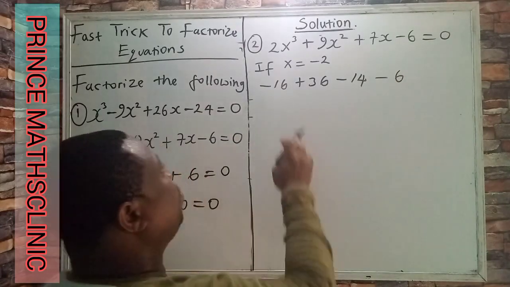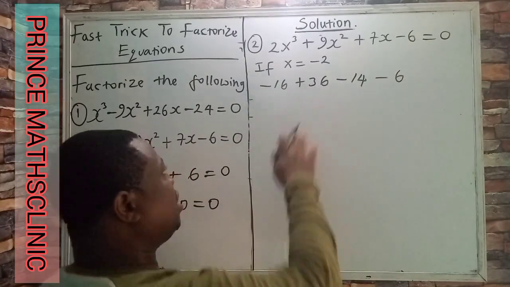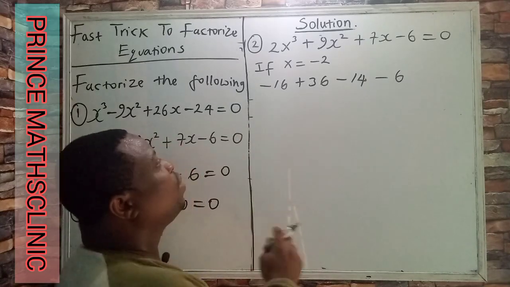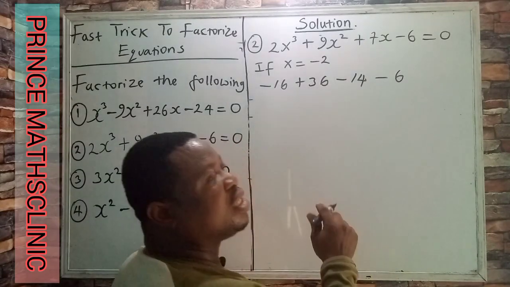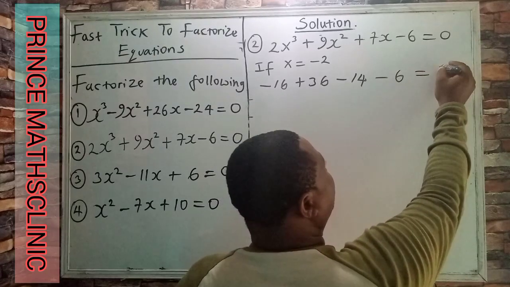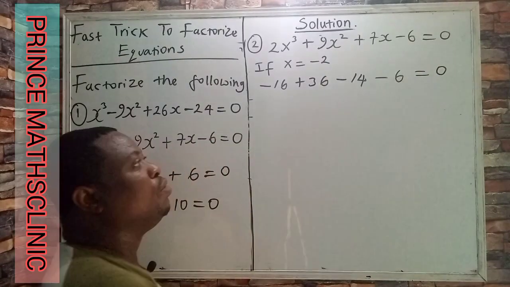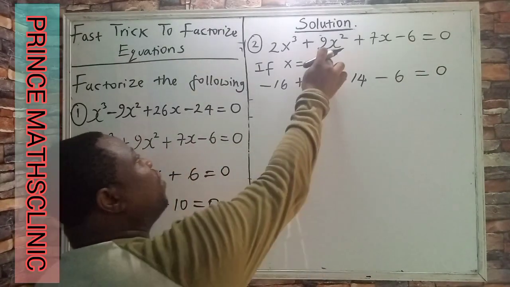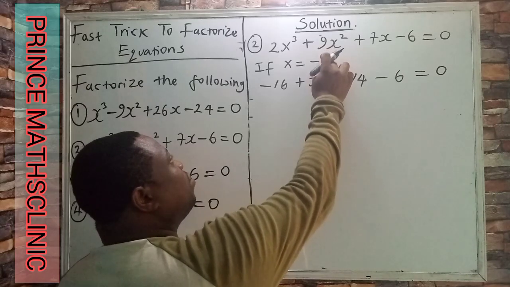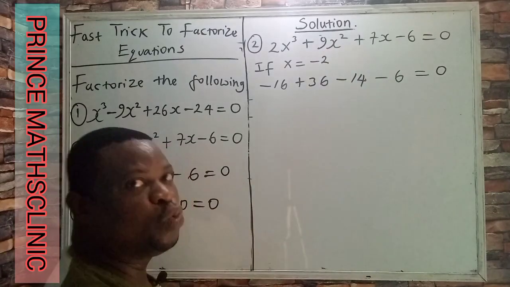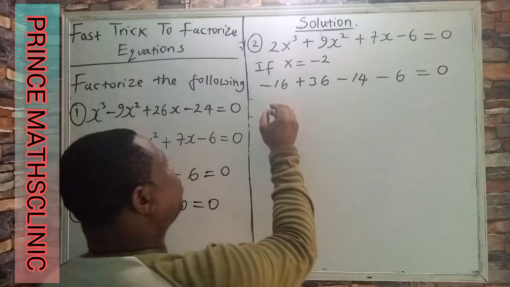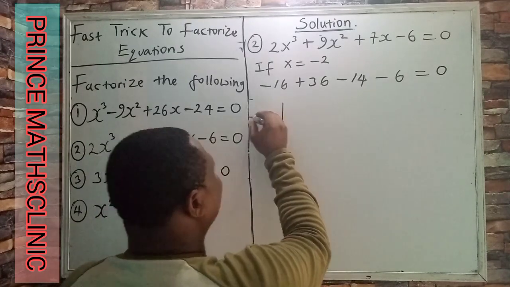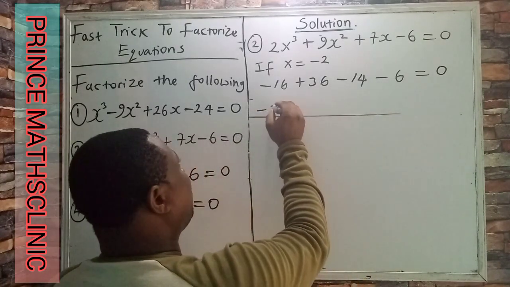I think so. Because minus 16 plus 36 is what? 20. 20 minus 14 is 6. And 6 minus 6 gives us what? 0. Good. So that means that the value of x is minus 2. So I am going to use that minus 2 now to perform our magic.